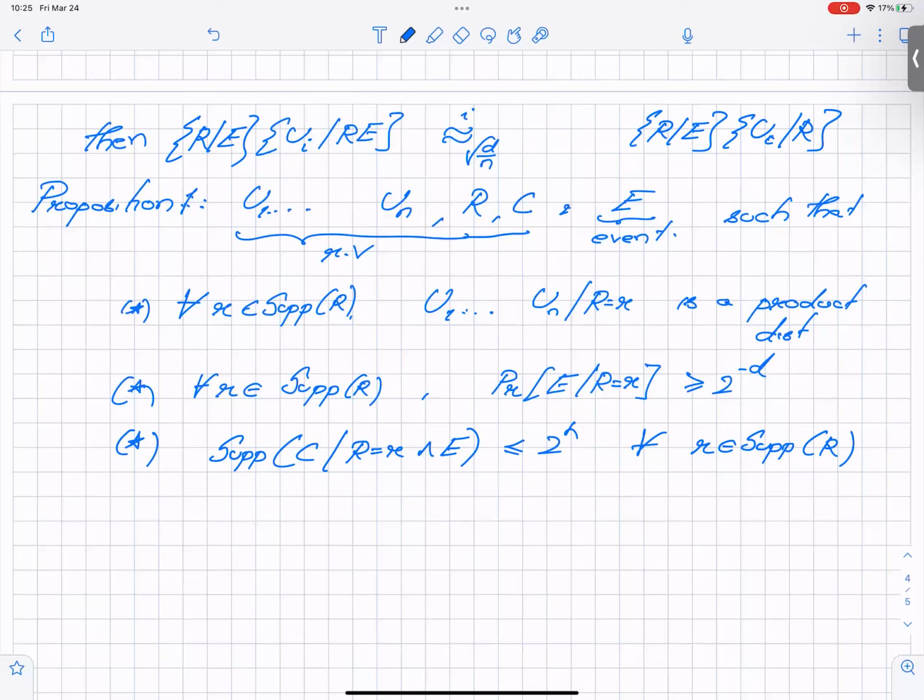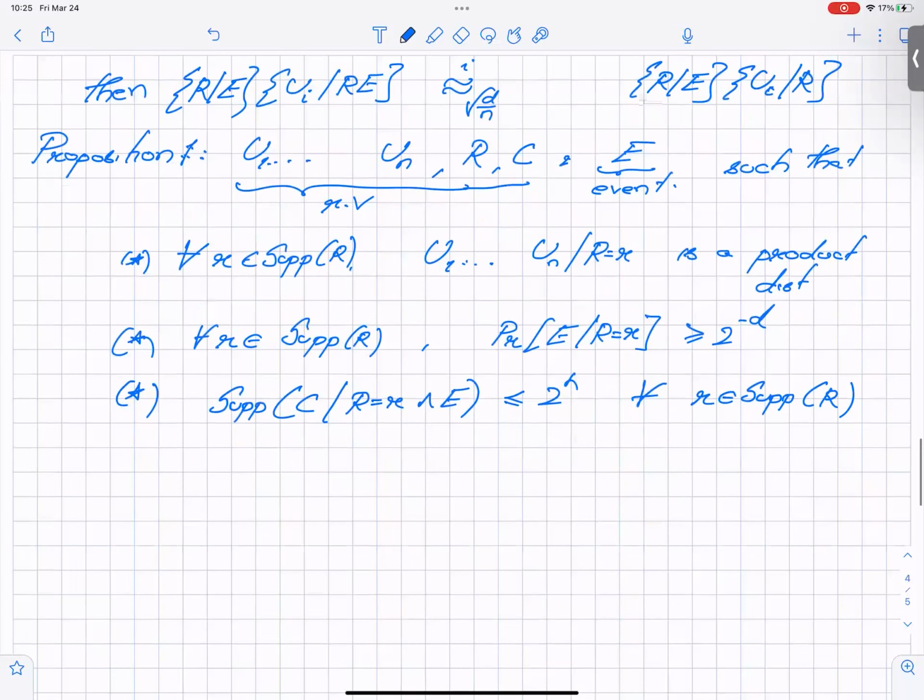That is, you pick R first according to E, then UI given R and E. That is just picking UI and R according to the event E. I'm saying that's almost the same thing as picking R from E, ignoring the fact that E has happened, and then picking UI from R. And here I want to say almost the same thing.